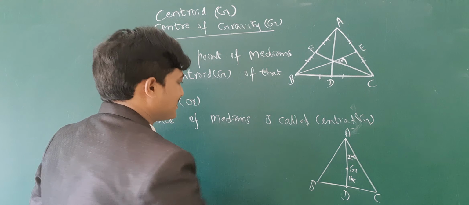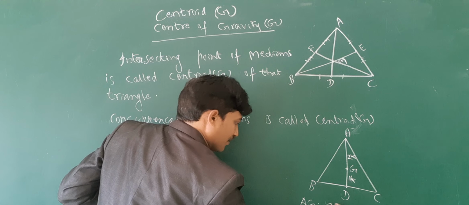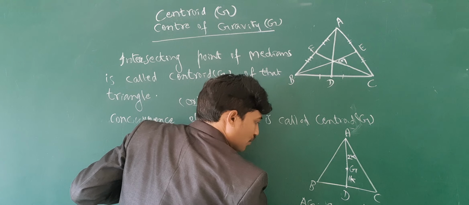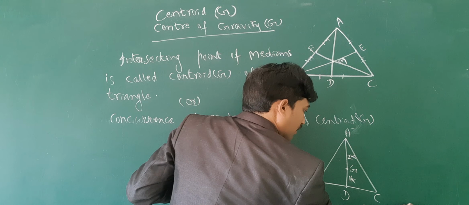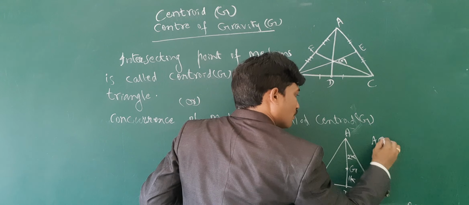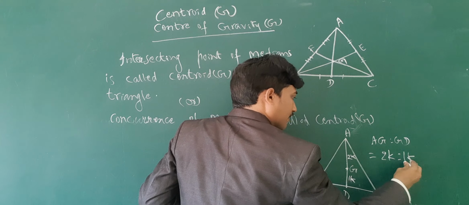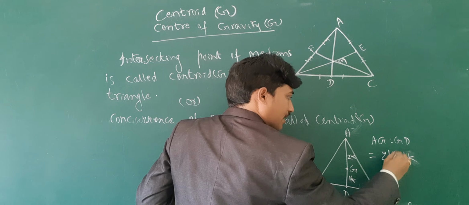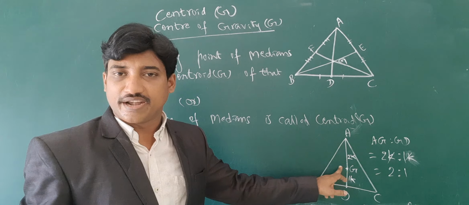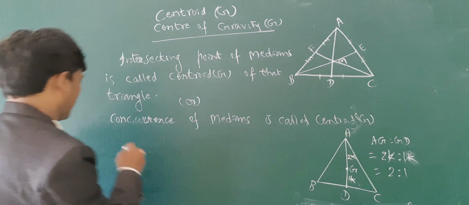So AG is to GD is 2x is to 1x, that is nothing but 2 is to 1. So we can say the centroid divides the median in the ratio 2:1.